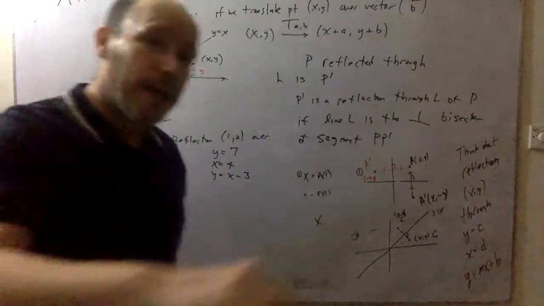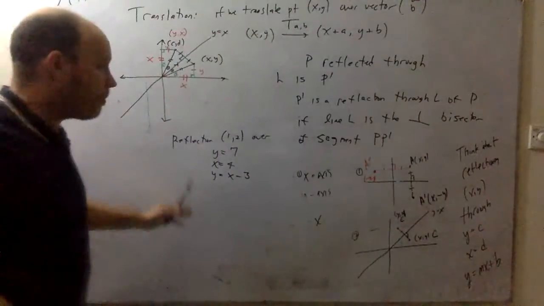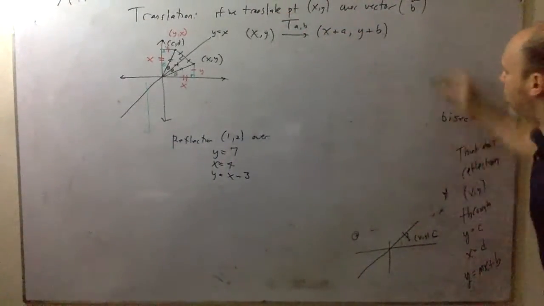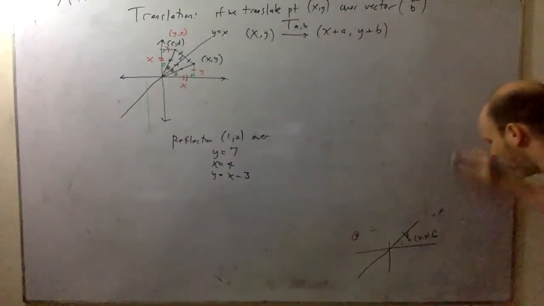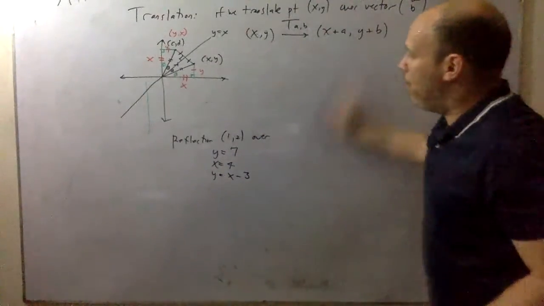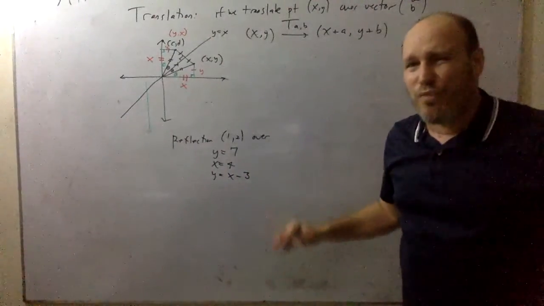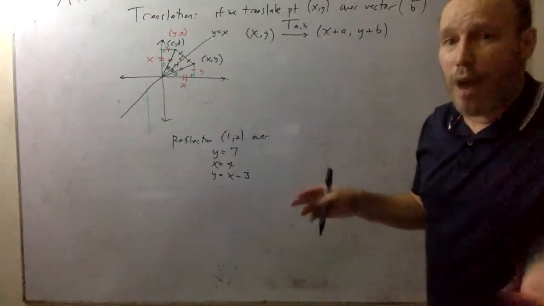So let's go through these. Take a second to figure these out. So this might take a little work. You don't need to, I wouldn't memorize formulas or anything like that, but just understand what's going on.